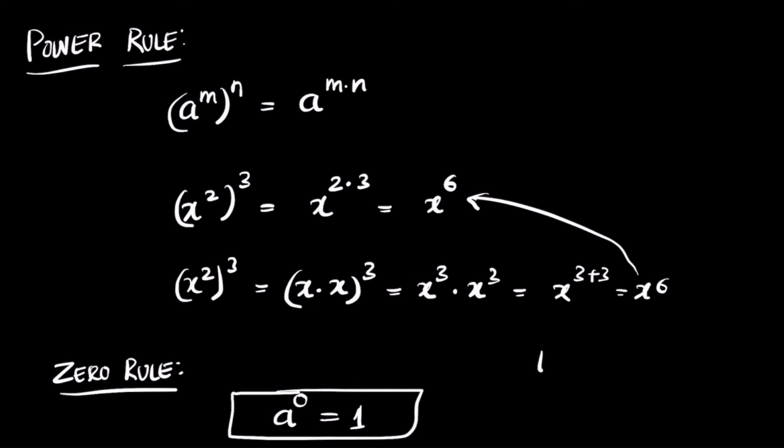For example, if you take t power 8 by t power 8, when you have two values that are similar, they just cancel each other, and the value is 1. The same thing goes when you use the subtractive rule, the quotient rule, you can write t power 8 minus 8, which gives you t to the power 0. So 1 and t to the power 0 give you the same answer for the zero rule.